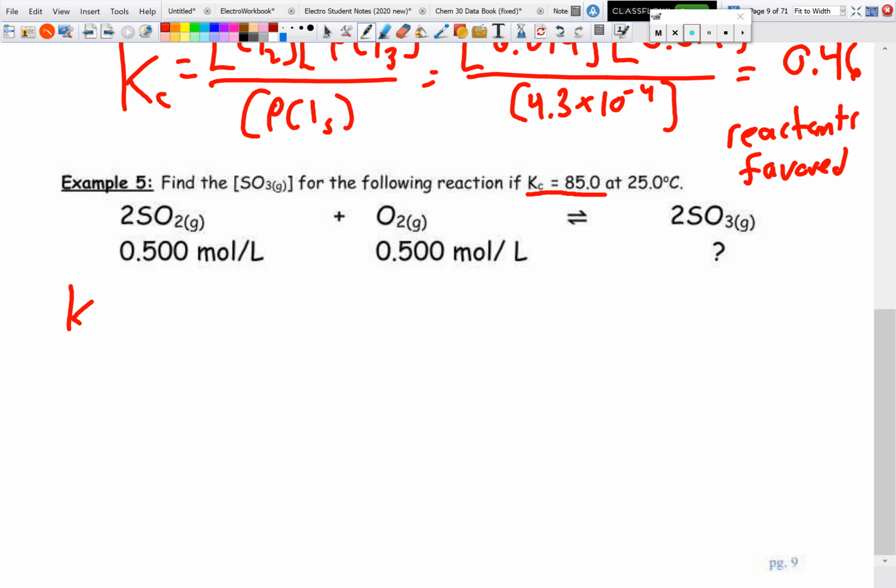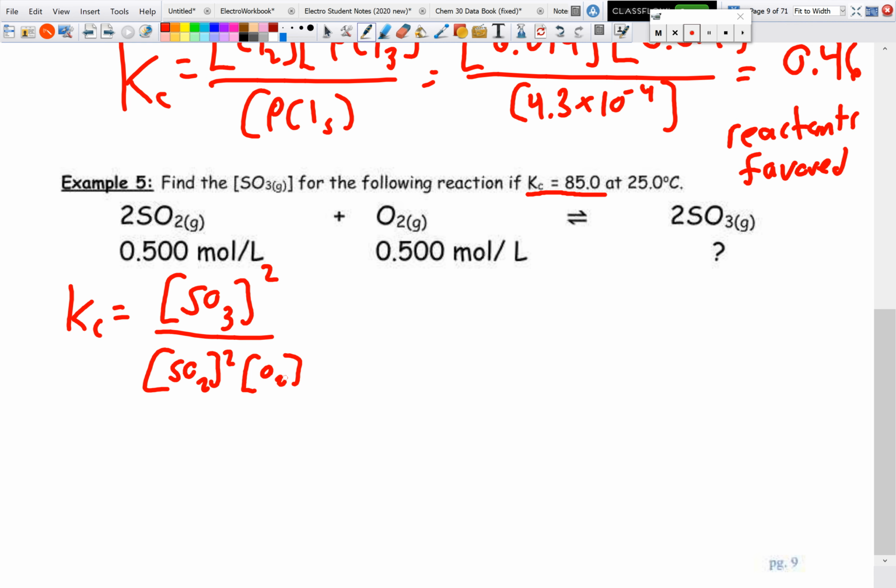So the equilibrium constant, we got SO3 squared over SO2 squared times O2. So of course we do need to rearrange and solve for SO3. So in order to do that, we're going to get this. Right, algebra. In order to get rid of the SO2 squared times O2 down here, I need to multiply. Of course, when I multiply one side of the equation, I need to do the other one, and we get that.